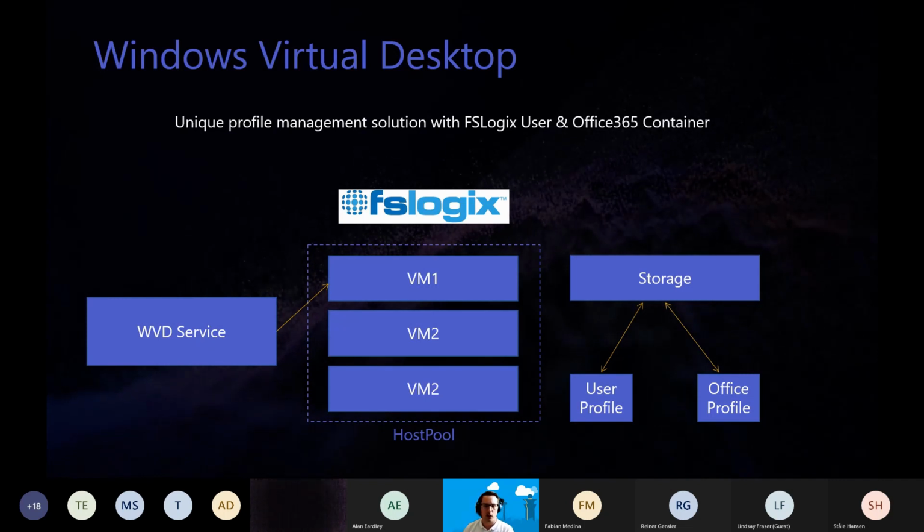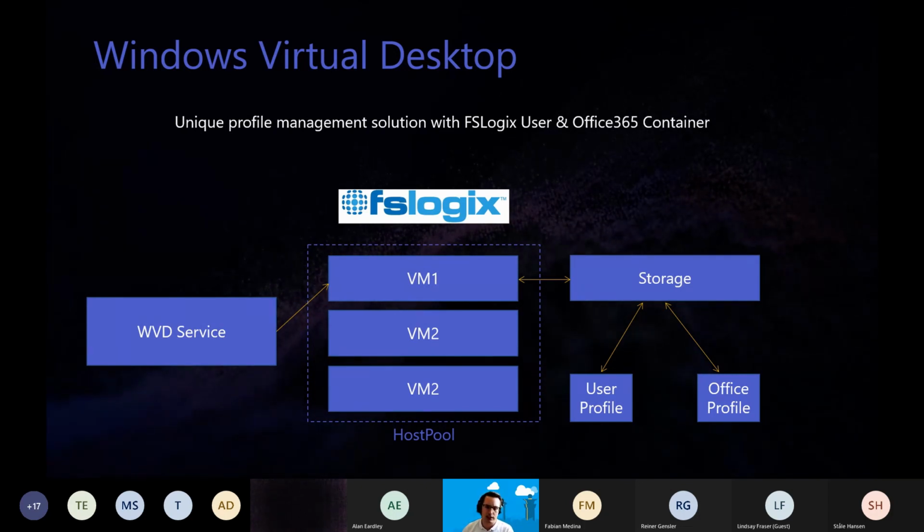On the other hand, we have an Office profile, and this is a dedicated VHD or VHDX again, which provides offloading of caches for Microsoft Teams, for OneDrive for Business, etc., to provide a very good end user experience while logging in. As you know, there might be a lot of data when we especially talk about OneDrive for Business or Teams, and that reduces the logon time if we try to connect to a virtual machine of our choice when using the WVD service.